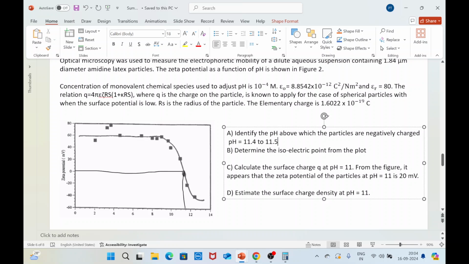Based on this isoelectric point, they tune the interaction between the enzymes and the target receptors. So based on this isoelectric point, the scientists develop different drugs for different medications, and also it is used in protein purification.